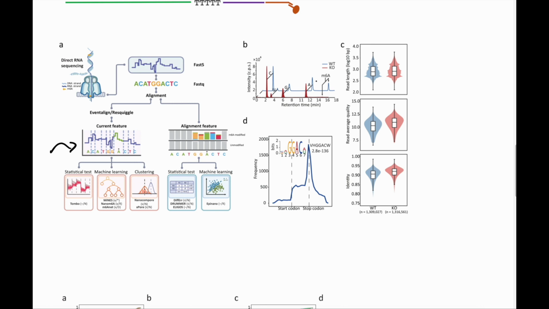The second strategy is a little bit more downstream. After the squiggles and the electrical signals have been converted into bases, you can examine this, compare it to an unmodified set. We'll define an unmodified set in a second.